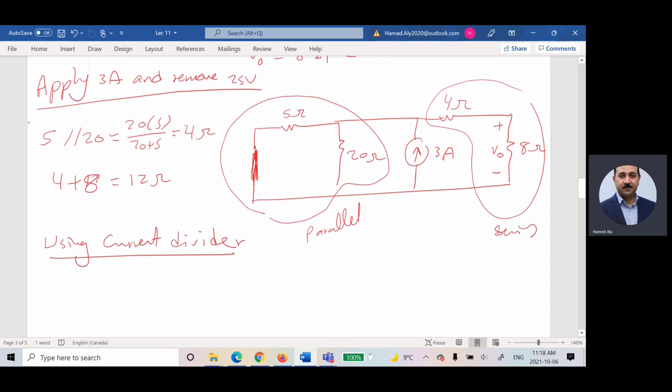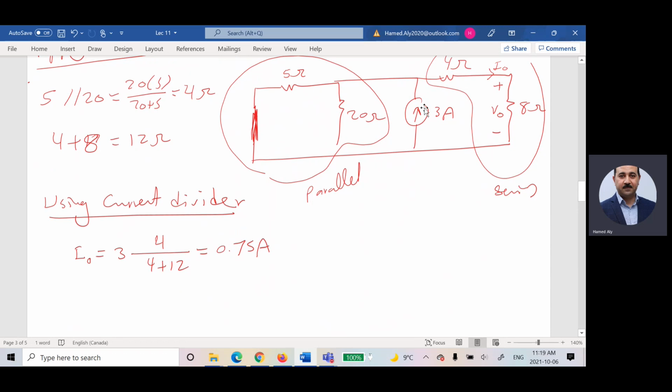Then I can find the current here, which is IO, equal to 3 multiplied by 4, which is this resistor, divided by the summation of this and this one. So 4 plus 12 gives you IO equal to 0.75 amps. Once you calculate IO, I can calculate VO double prime, which is equal to 8 times IO. So this will be equal to 6 volts.